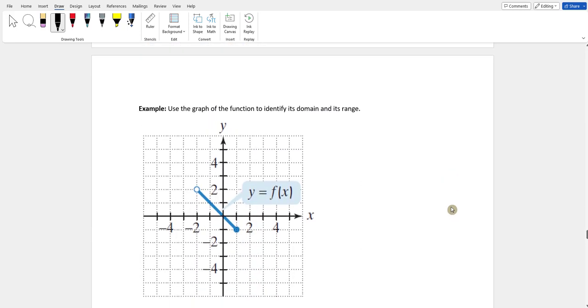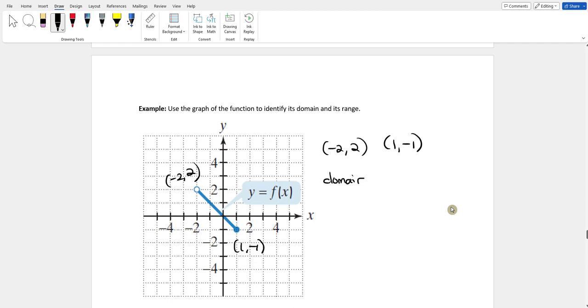And this next one, as you can see, we have a closed circle and an open circle. This point here is negative 2, 2, and this point here is 1, negative 1. Since we have an open circle, when we write this in interval notation, we are going to use parentheses.